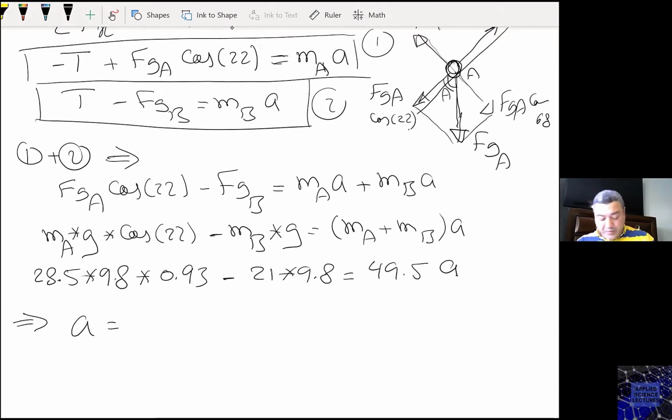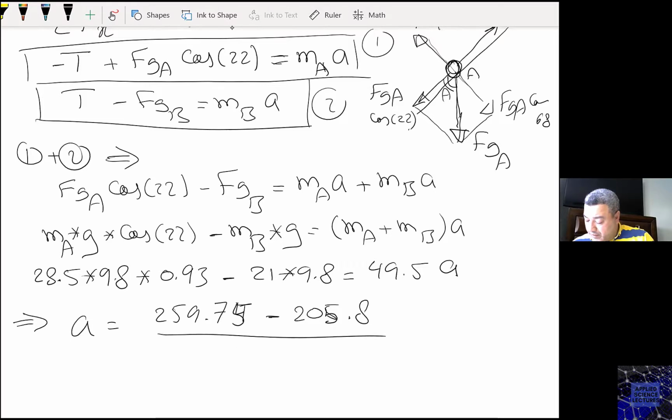a equals to 28.5 times 9.8 times 0.93, which is 259.75, minus 205.8, divided by 49.5.